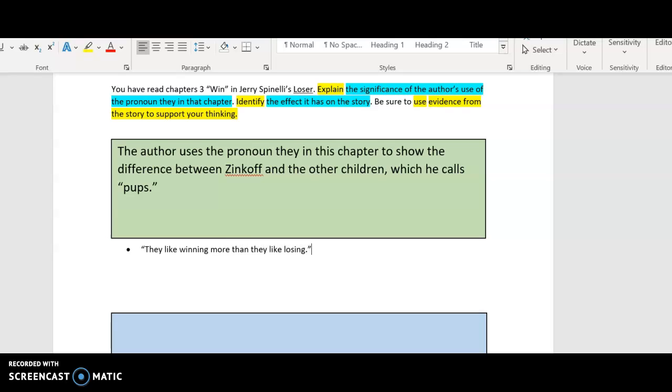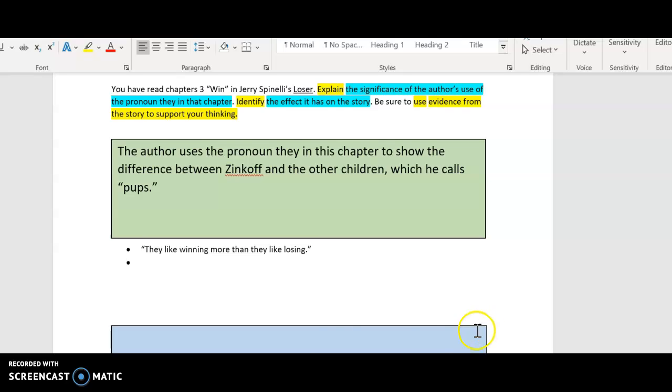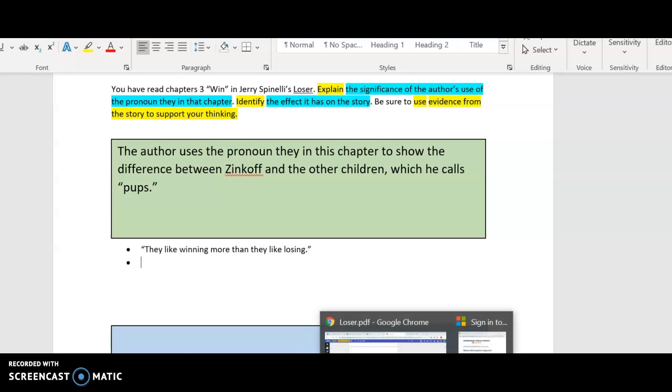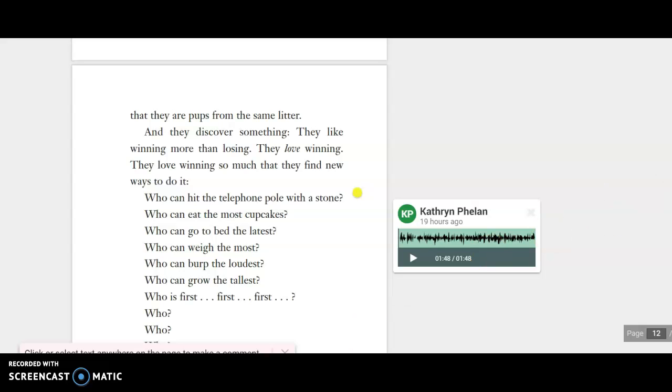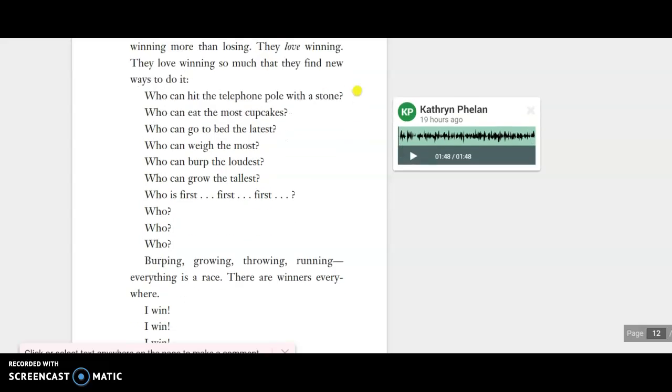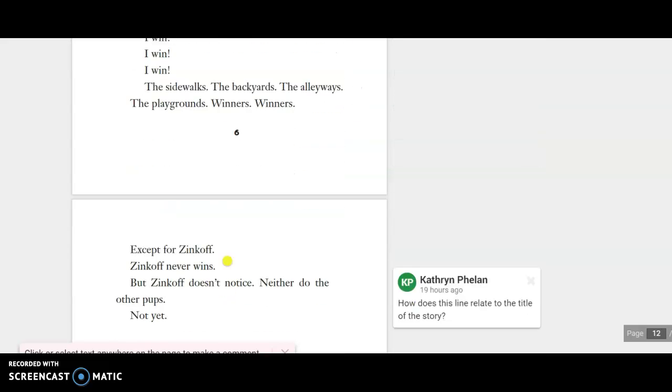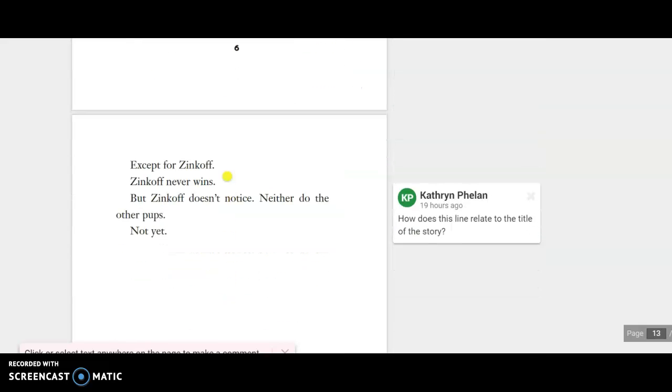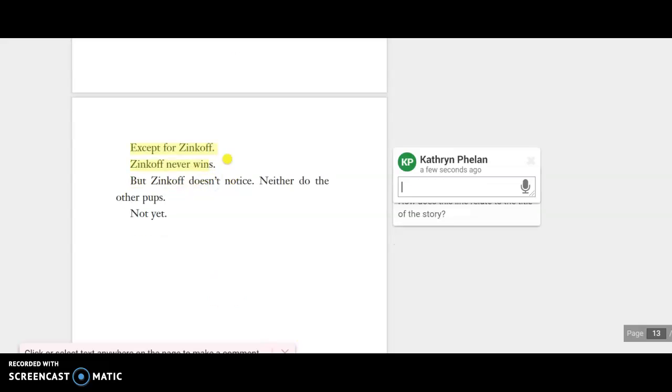Okay, so I'm just going to put a couple quotes here. And I'm going to put another little bullet down there. I want to find a couple quotes that support my theory and that I can use. I want to use this one right here: "except for Zinkoff. Zinkoff never wins."